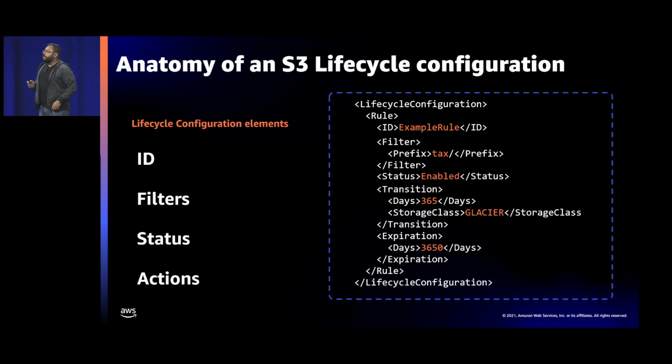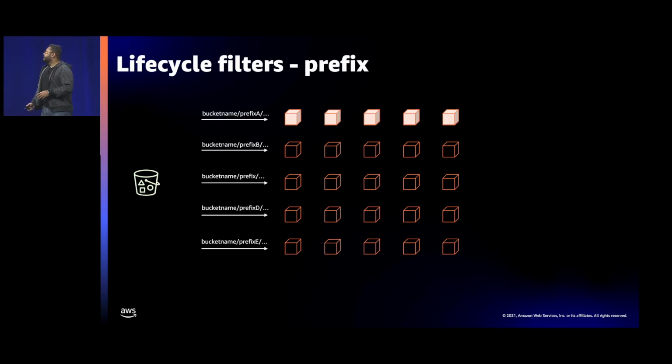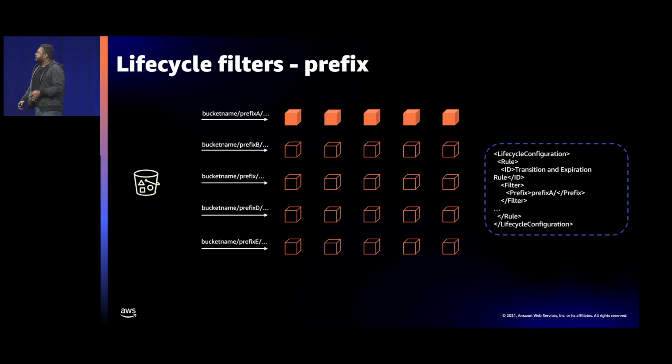So I want to start off with the filters first. As I mentioned, you can filter by your object prefixes. For example, let's say you have a bucket and you have multiple prefixes and you have objects for each of these prefixes, right? So if you create a lifecycle policy that only acts on objects in prefix A, you can do that by applying a filter in your lifecycle configuration.